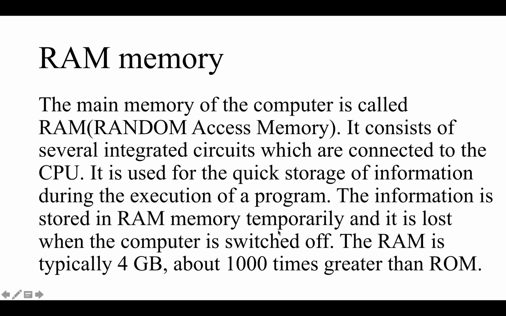Due to this nature, RAM is also called volatile memory. Volatile means that you need your electricity supply to retain the information or instruction. If the electricity supply does not reach the computer, then it will not retain the information.